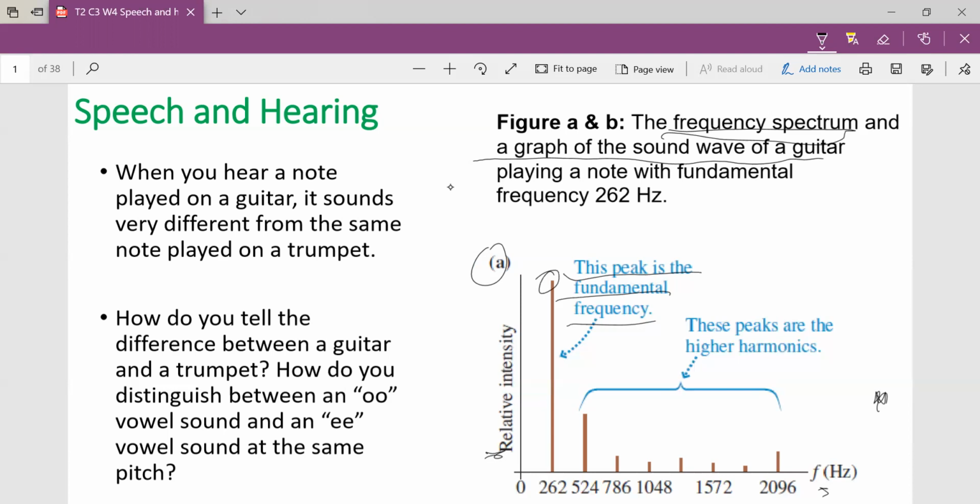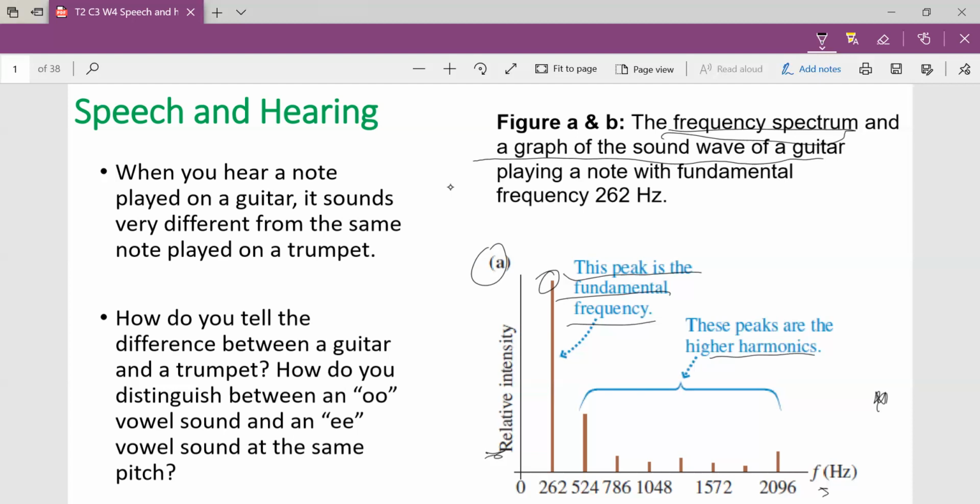You remember what fundamental frequency is from when we discussed standing waves in the last class, and we were able to point out the fundamental and the higher harmonics. So I don't have to explain higher harmonics again. They're simply harmonics above the very first one, which is the fundamental.